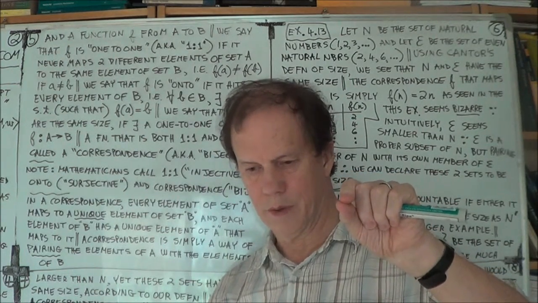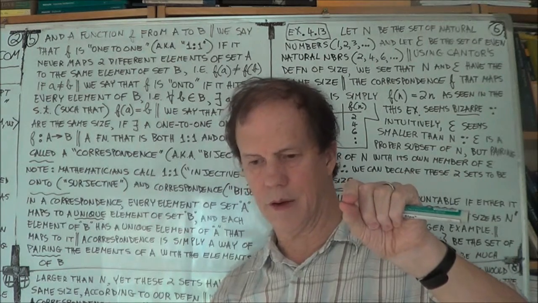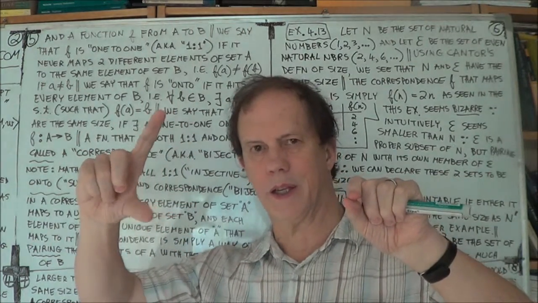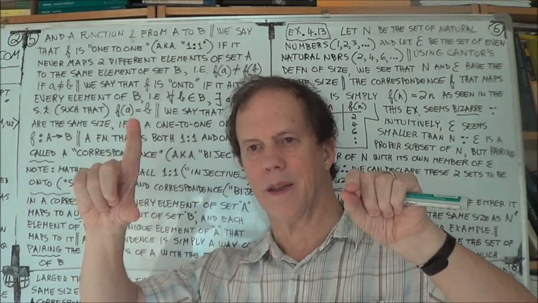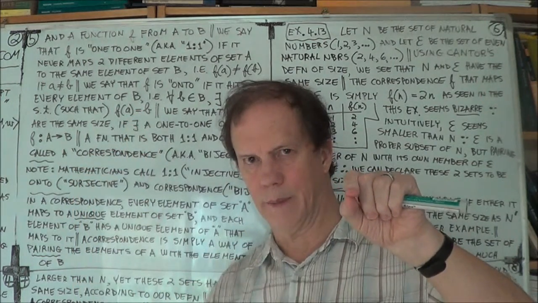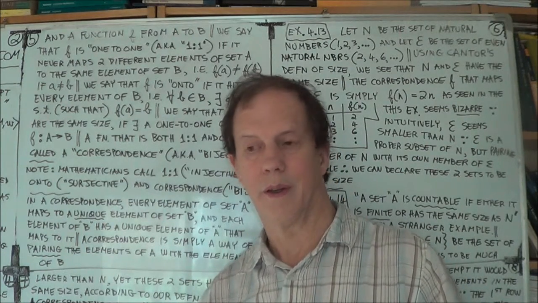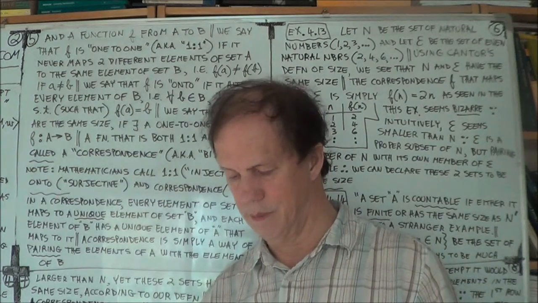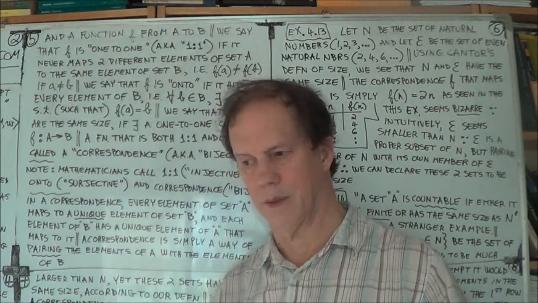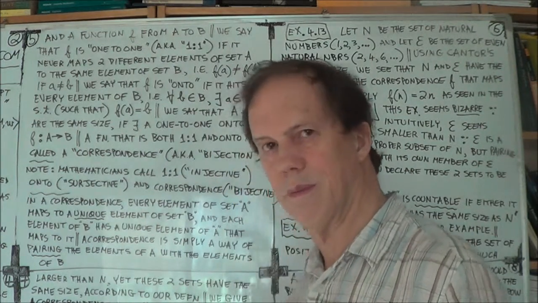So if you have 1 to 1, you cannot have more than one element in set A that maps to that element little b. Right? Because then it would be many to 1. So many to 1 and 1 to 1 are opposites. They're mutually contradictory.